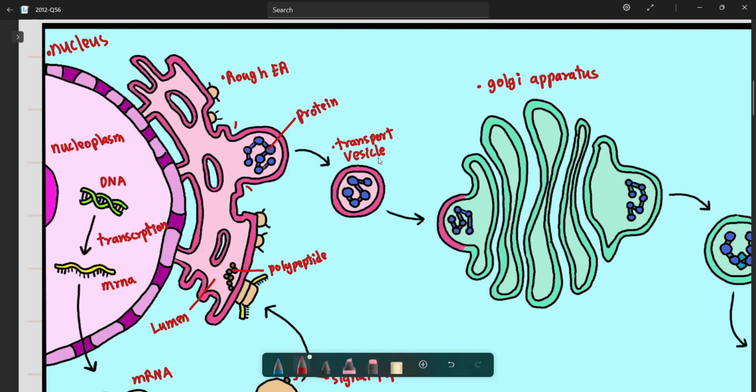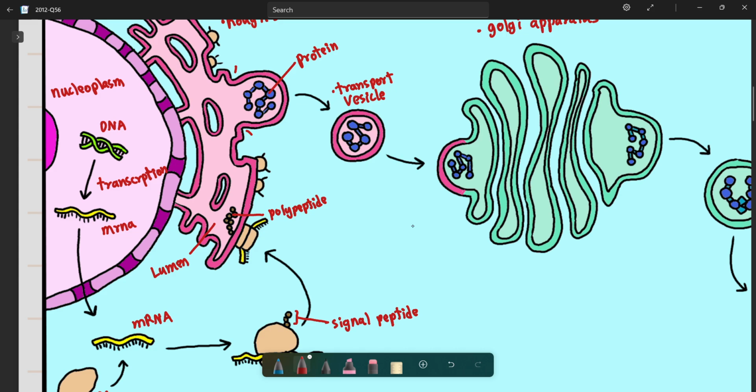Okay, so now the protein from the rough endoplasmic reticulum buds off, packed in the transport vesicle, where it's now transported to the Golgi apparatus. So it fuses with the membrane of the Golgi apparatus. Now it's passing through, and the first phase is known as the cis phase.